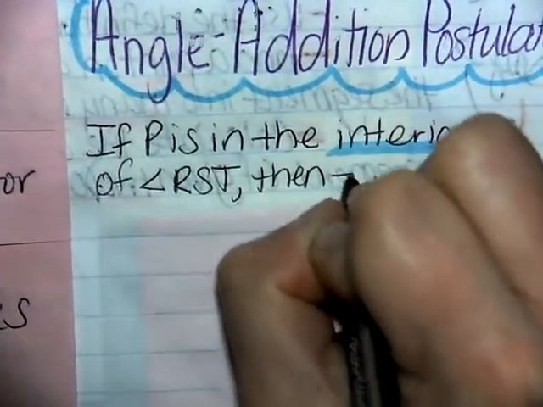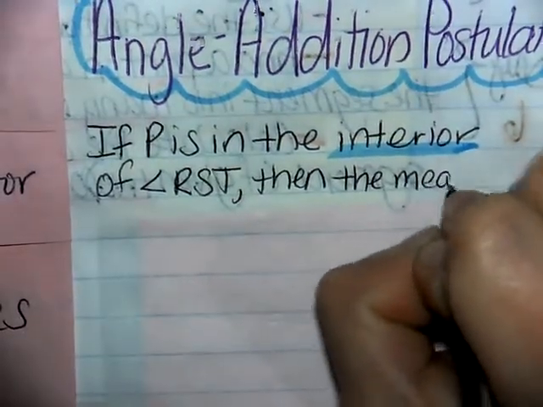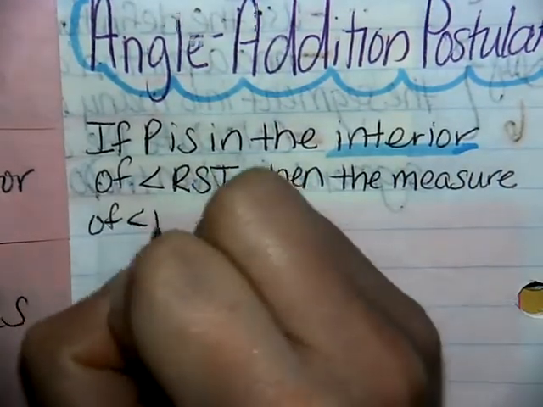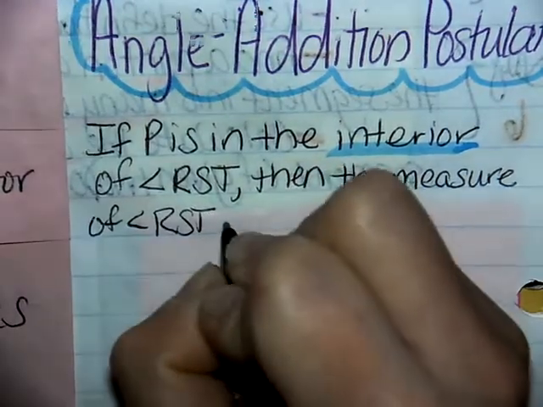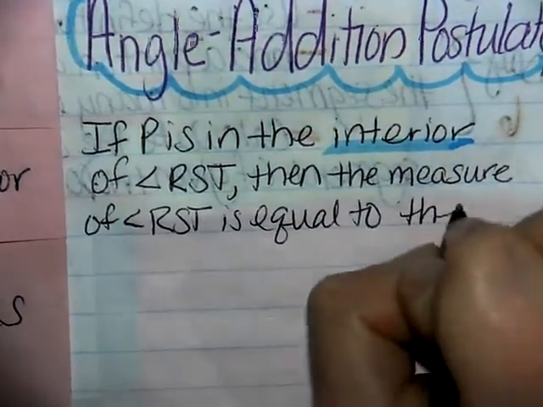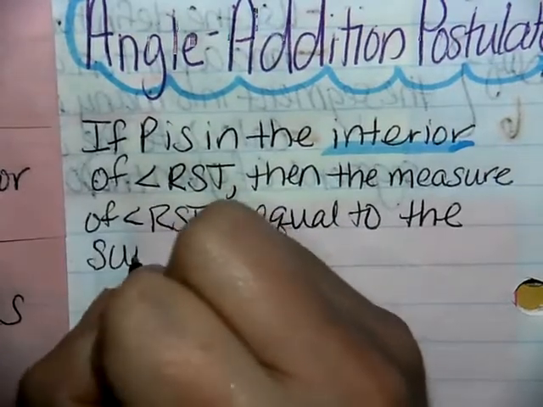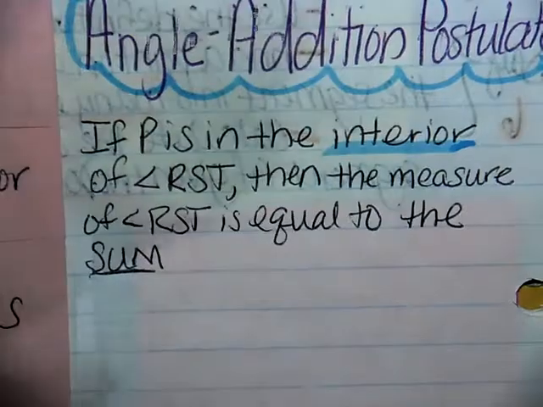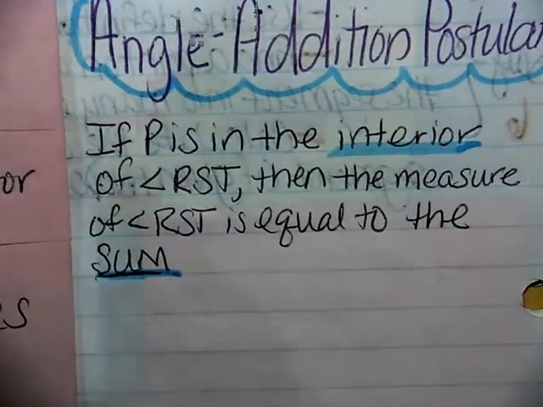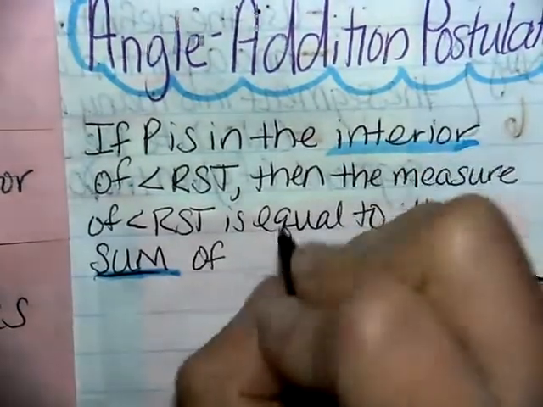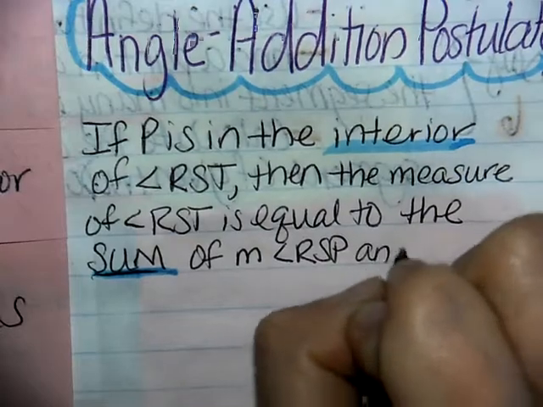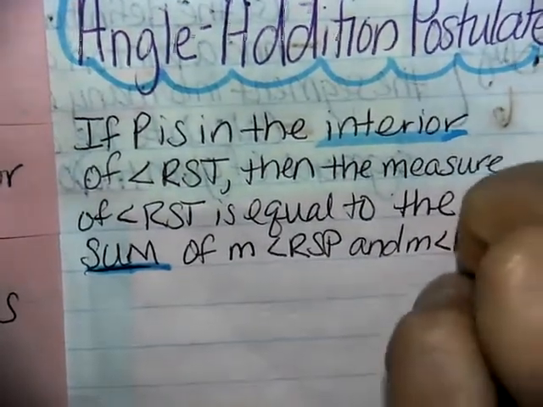Then the measure of angle RST is equal to the sum, which remember that the word sum means to add. It's what you end up getting after you add. Then the measure of angle RST is equal to the sum of the measure of angle RSP and the measure of angle PST.